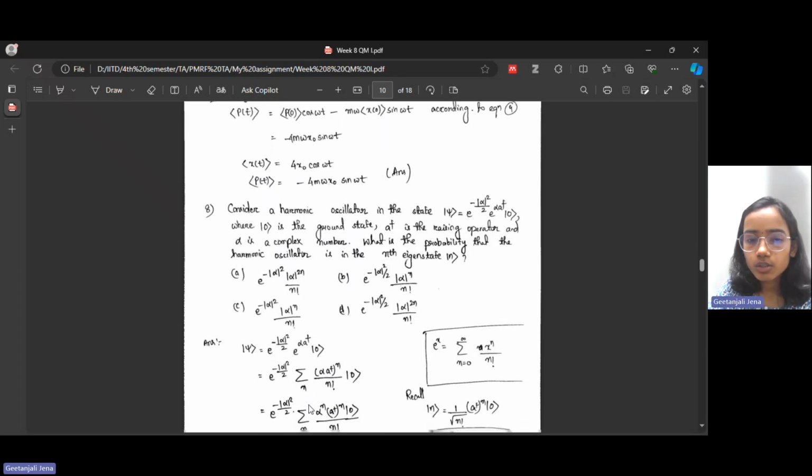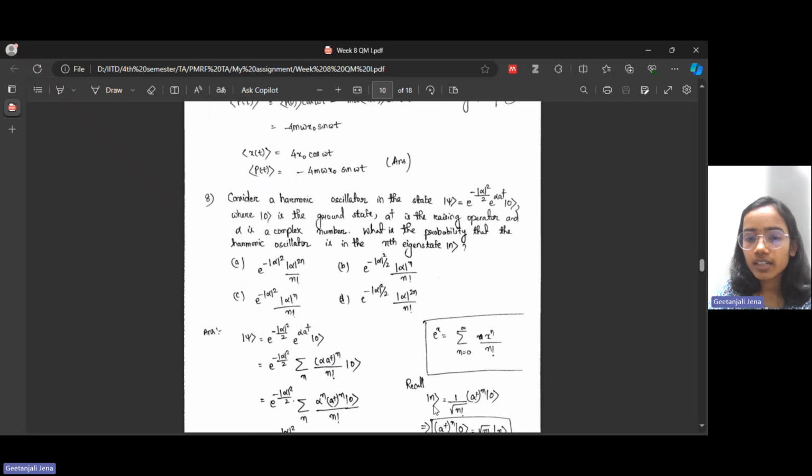Now if you recall the expression for the ket n, the ket n is nothing but 1 by root over n factorial, a dagger to power n acting on the ket 0. So if you act the raising operator n times on the ground state, then you will get the ket n.